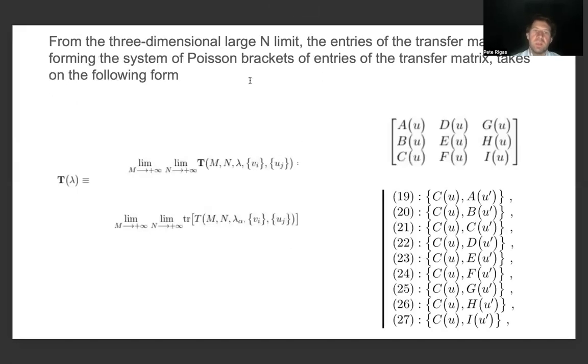And so from the three-dimensional large N limit that we described in the previous slide, when forming the system of Poisson brackets, the entries of the transfer matrix take the following form. We have this large N limit of bold-faced T, which we're just going to adopt a shorthand notation for this presentation as the three-dimensional large N limit of the transfer matrix, and we want to study this asymptotic limit, and then be able to tie this to asymptotic properties of the quantum monodromy matrix in 3 dimensions.